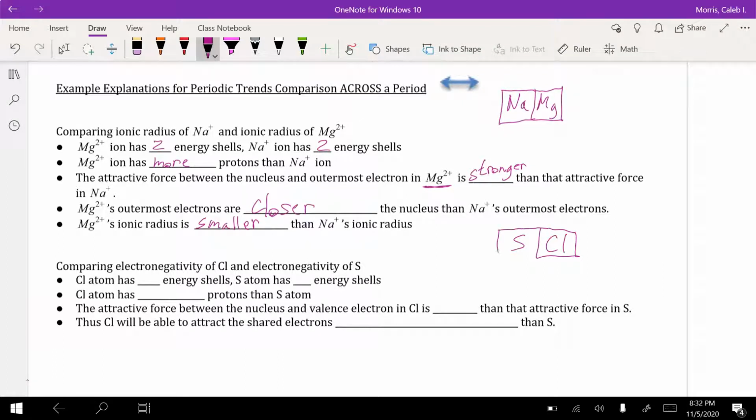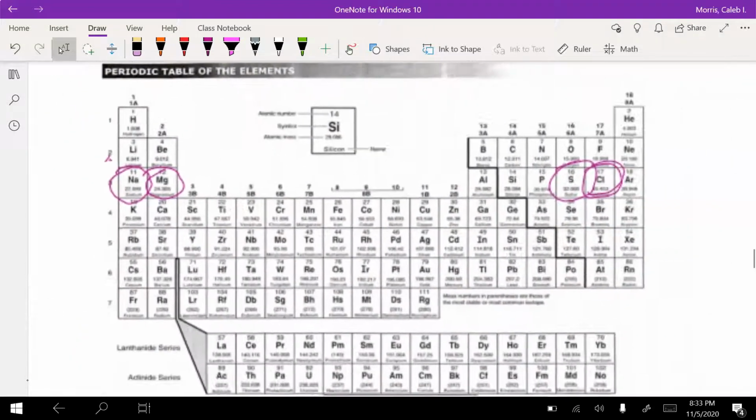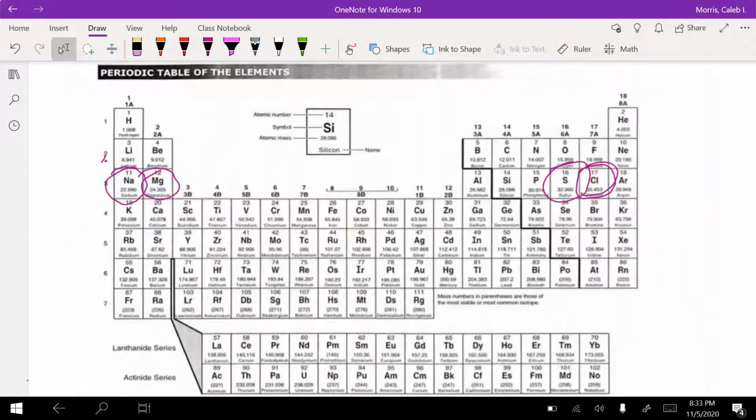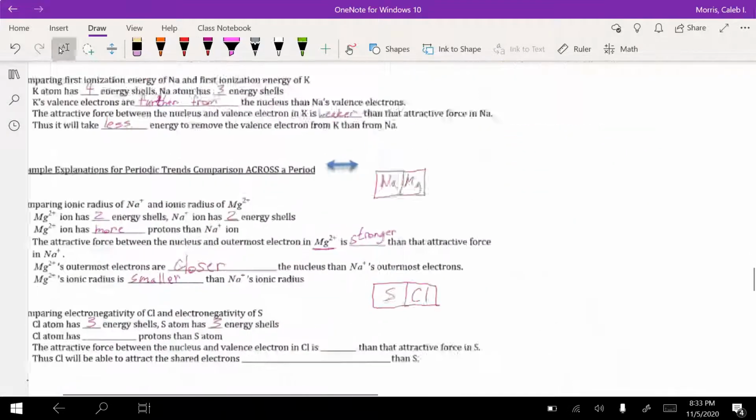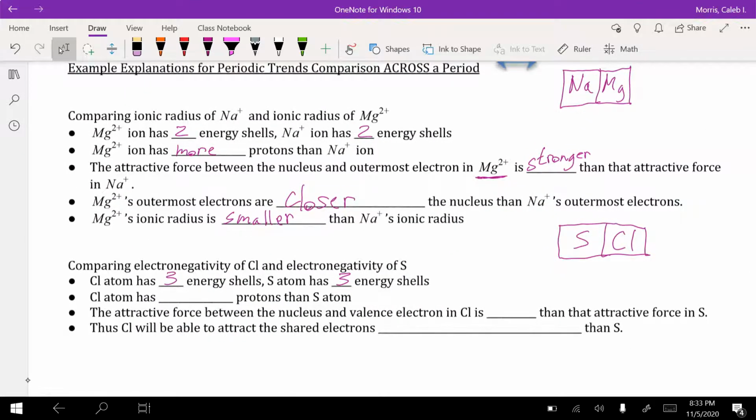This is kind of what it looks like on the periodic table. They're right next to each other. The chlorine atom has 3 energy shells, and the sulfur atom has 3 energy shells. So they both have 3 energy shells because, again, they're in the third row on the periodic table. But we could see, if we looked at it, that chlorine has more protons than the sulfur atom.